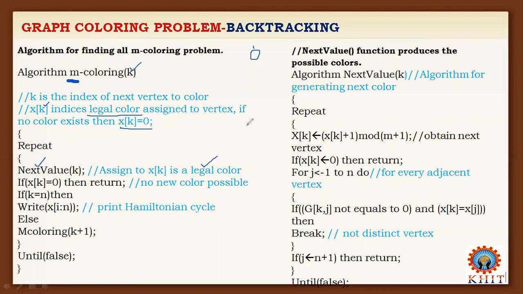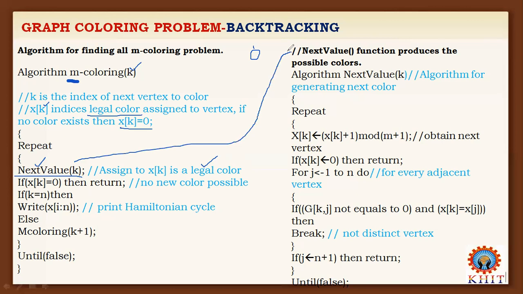Here we use one function, next value of k. That means assigning x of k a legal color. Initially we don't know which color to fill the vertex with. That will be clearly explained in the linked algorithm.